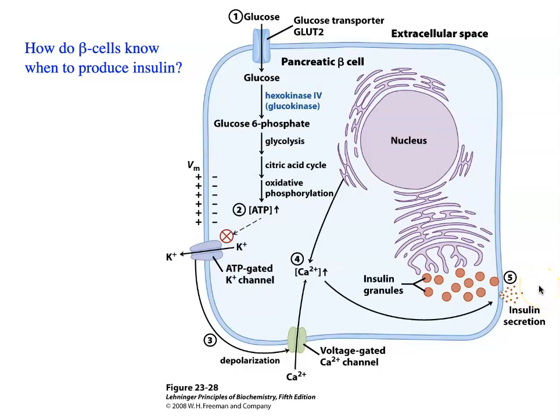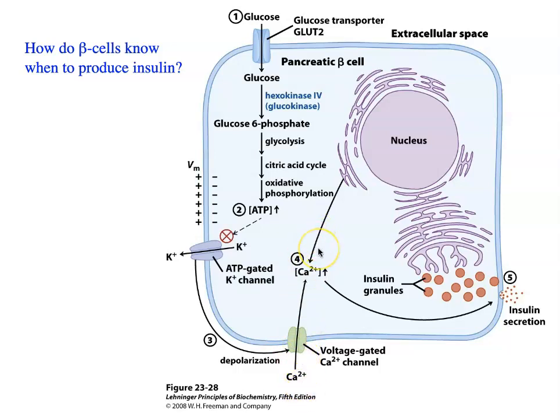So that's how glucose controls insulin secretion. High amounts of glucose, high ATP, closing of the potassium channel, the positive charges cannot leave the cell. That causes depolarization of the membrane. The depolarization of the membrane triggers opening of the calcium channels that allow calcium to flood into the cytosol.